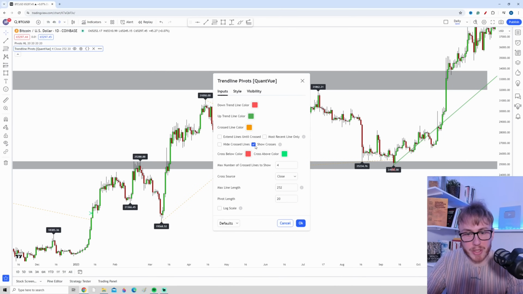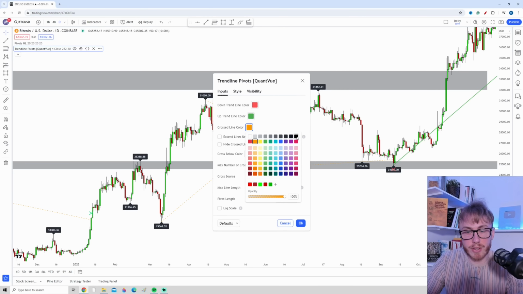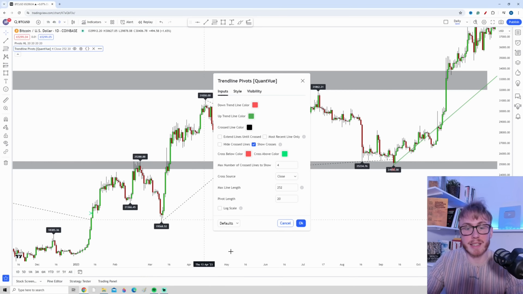Another thing you want to make sure is that you check this show crosses right here, because this one will show you guys when we see a breakout above a trend line. We can also change the color of the cross here so you guys can see more clearly, just like this. So let's just do some basic change of settings like right here.